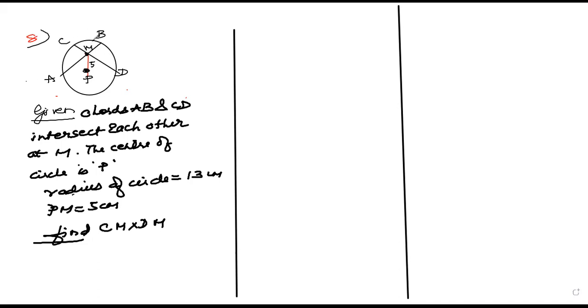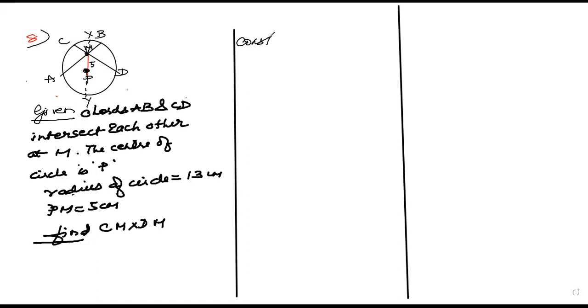Very simple. I extend this PM on both sides to intersect the circle at X and Y. So see the construction, children.